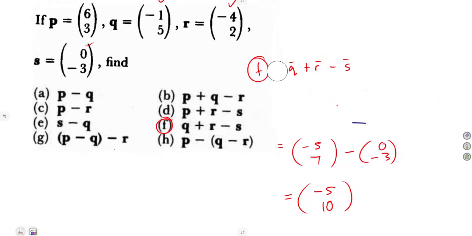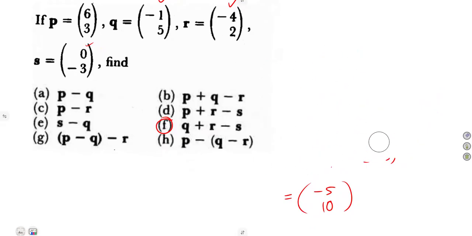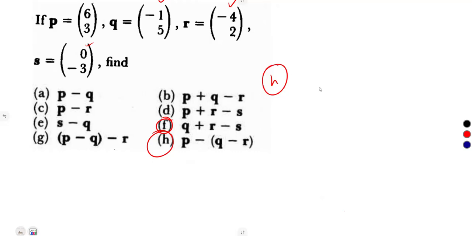So where there's a bracket, it means our BODMAS has to be considered like this on H. Vector P minus vector Q minus R. Because of the bracket, we have to consider our BODMAS, brackets off. So we have to consider brackets first.